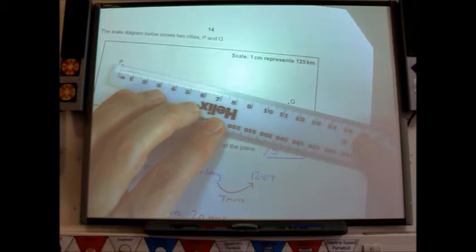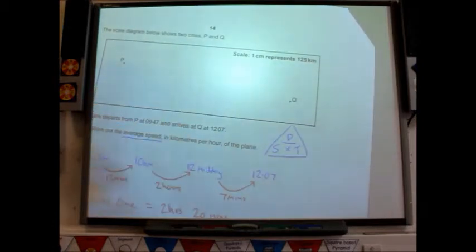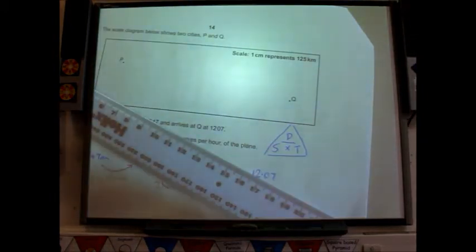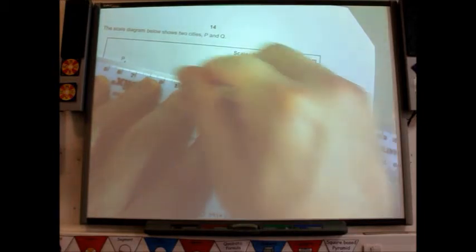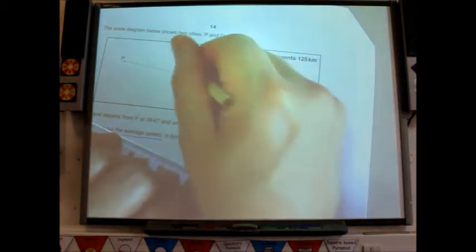It's actually 11.1. Now that could be because of the photocopying, but I'm going to assume that is 11.1 centimetres. So what I might do is actually draw a line between them and label it 11.1 centimetres, so the examiner knows what I am working from.